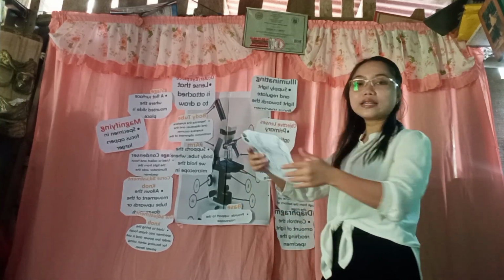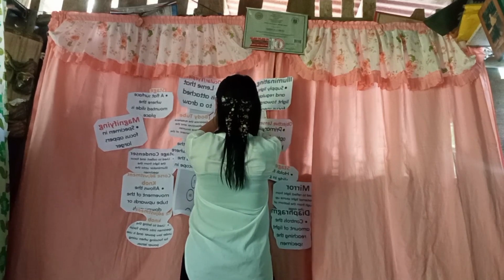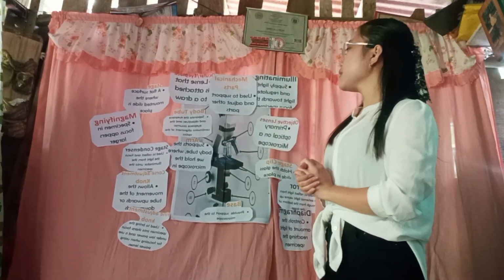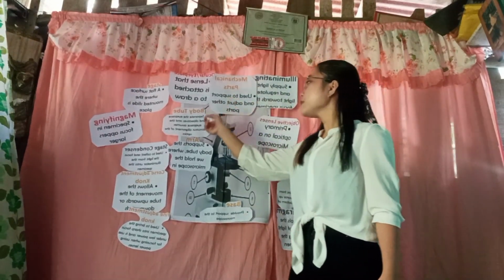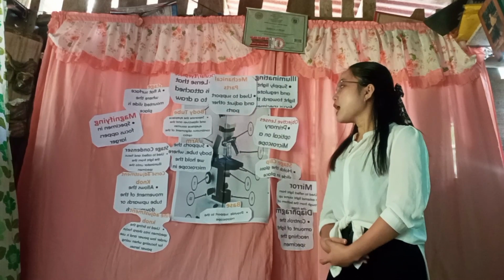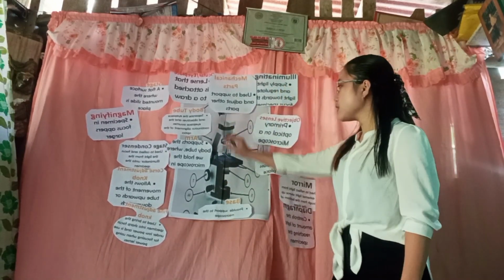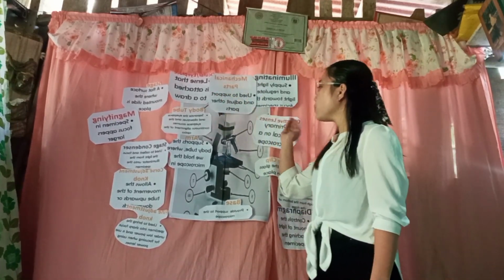Then the third one is the mechanical parts. The first mechanical part is the body tube. It separates the eyepiece and objectives, and ensures continuous alignment of the optics. It separates the eyepiece and the objective lenses.